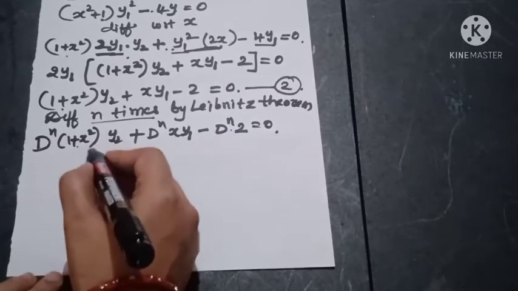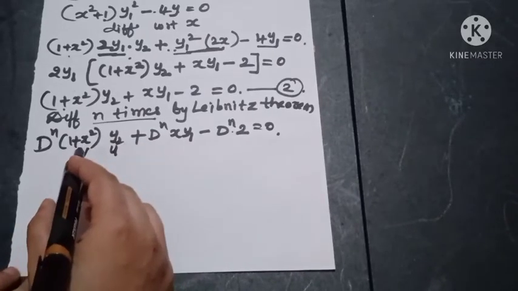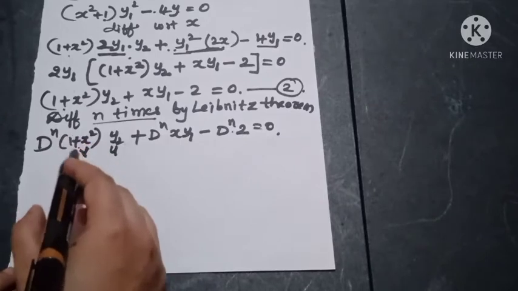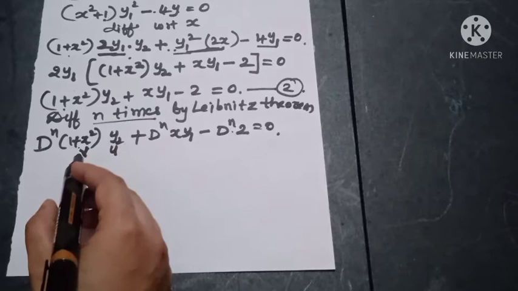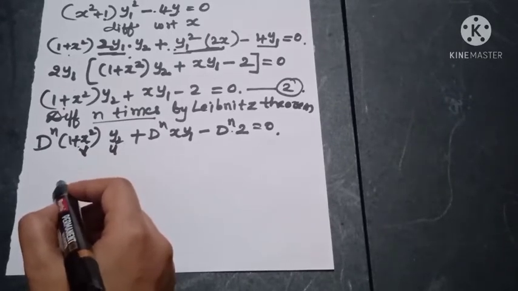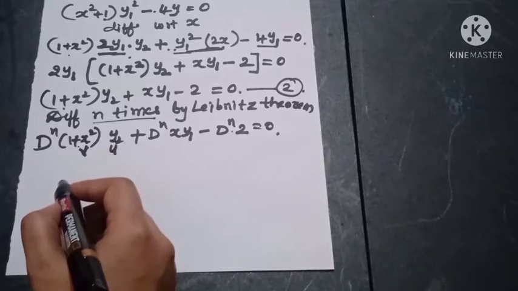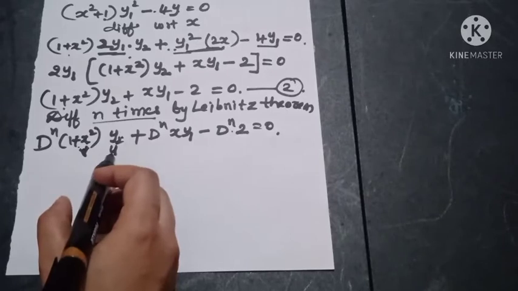Let us take these as v and u. We choose this one as v, because if we differentiate the first time, what we get is 2x, the second time is 2, and the third time the differentiation becomes 0. So it vanishes. That function we should take as v and the other one as u.